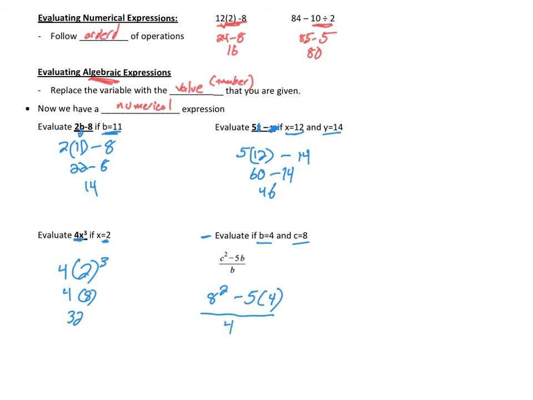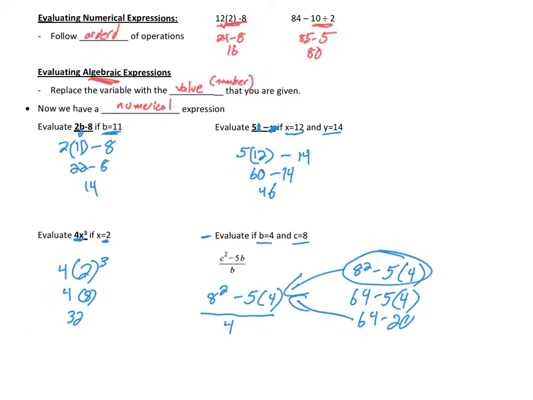Okay, so now order of operations, we know we're going to do the numerator differently than the denominator, so I'm just going to focus on the numerator first. 8 squared minus 5 times 4. 8 squared is 64. 64 minus 20. Okay, so now I know that we can fill in 20. So I have 20 over 4, which is 5. All right.